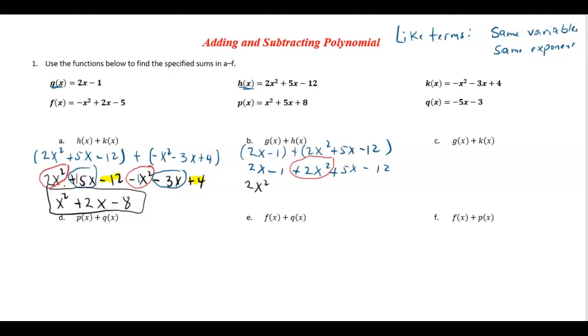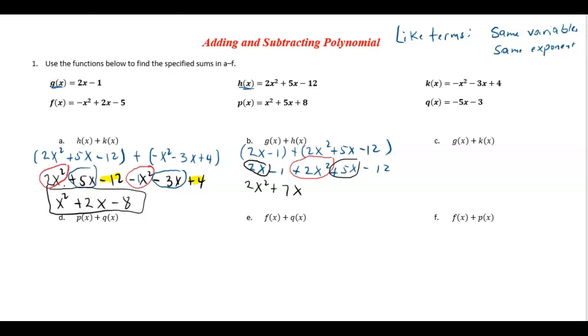Then we're going to be dealing with the x. So we got 2x, and over here we got plus 5x. 2 plus 5 is 7. So we're going to have plus 7x.